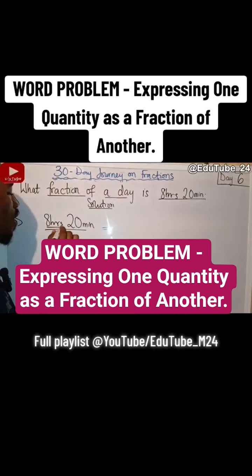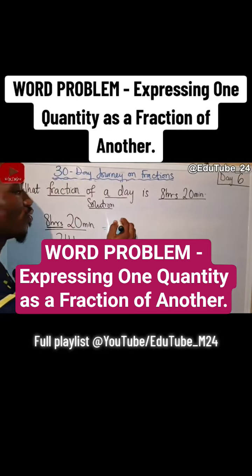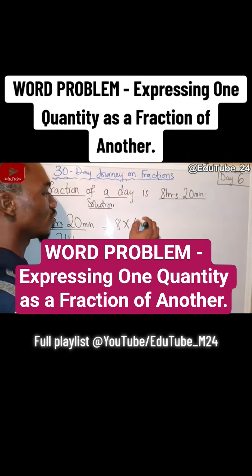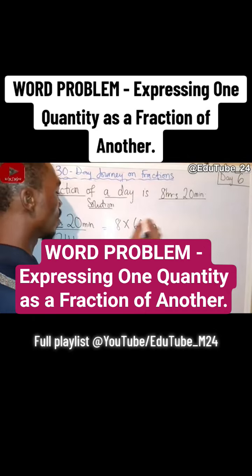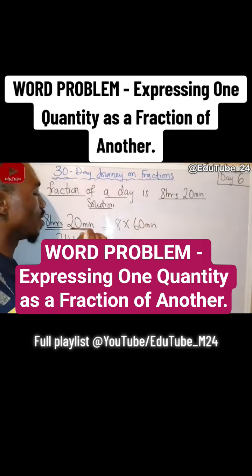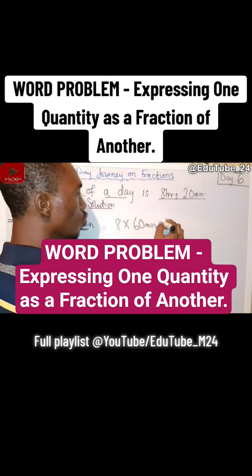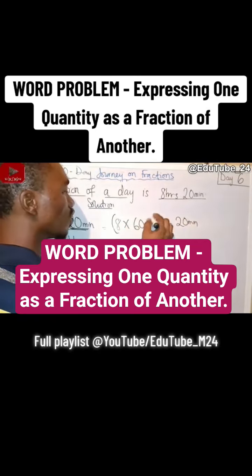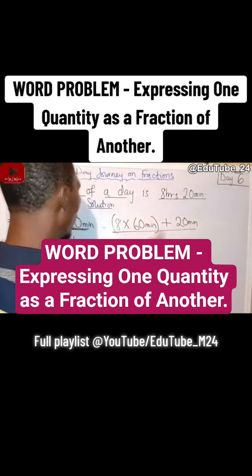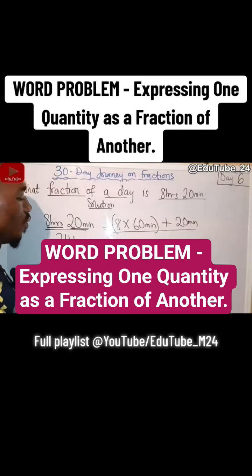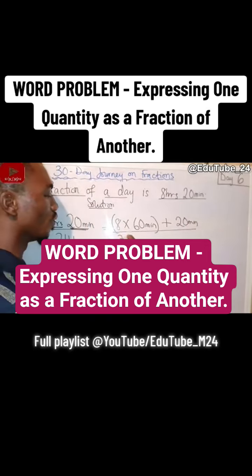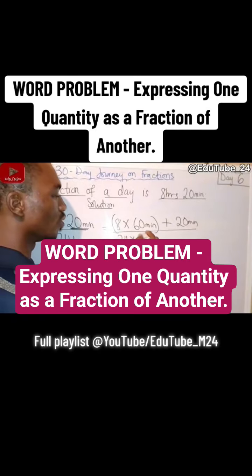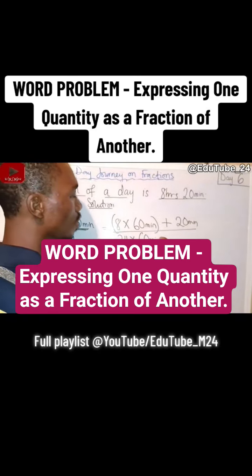So to convert 8 hours to minutes, we simply say 8 times 60 minutes. Then the minutes beside it, which are additional, we put plus 20 minutes, and I'm going to include this in a bracket all over 24 hours. So 24 hours will as well be converted to minutes by multiplying it by 60 minutes.